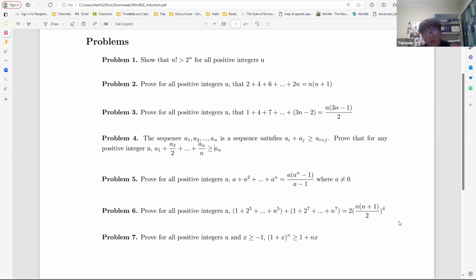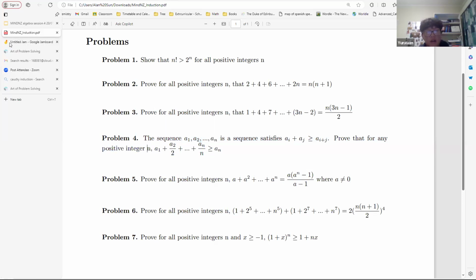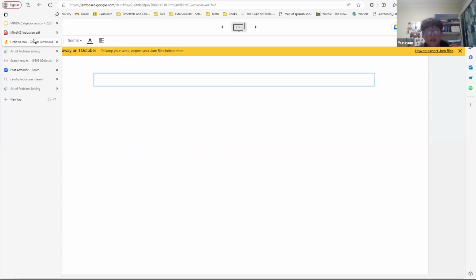Because each term we add on, ak over k, is basically independent from the previous terms, apart from that term being related to consecutive numbers. And also we have that for any positive integer n, which basically just means for all positive integer n. So that's why we should use induction.